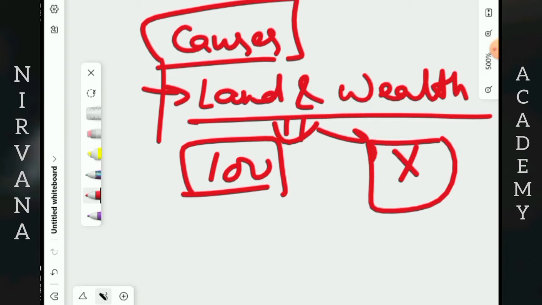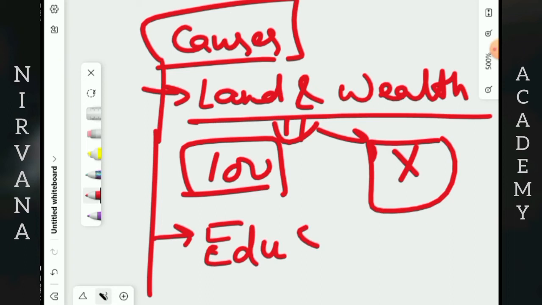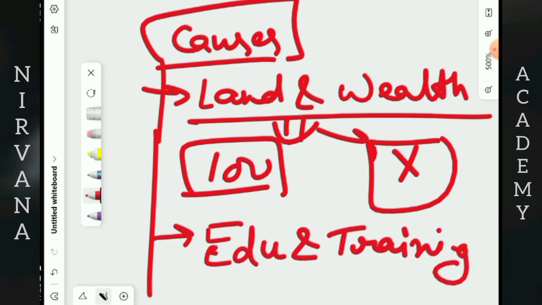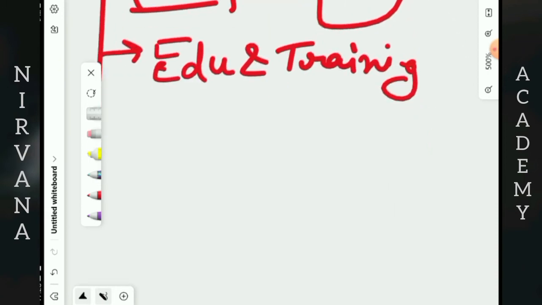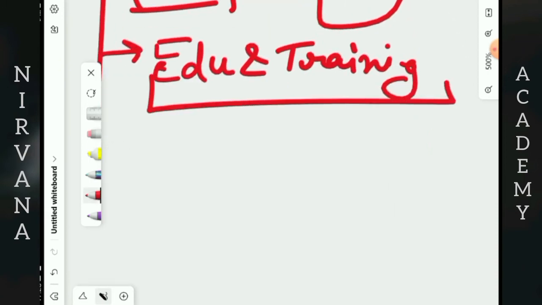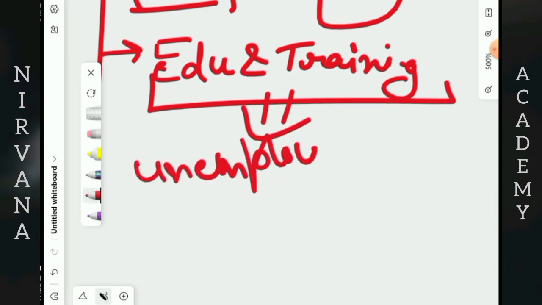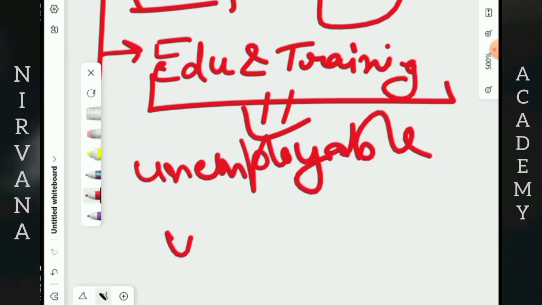Why is inequality present in our society? The second thing is difference in access to education and training. Because if good education or training is not provided, then the youth is unemployable or unskilled.